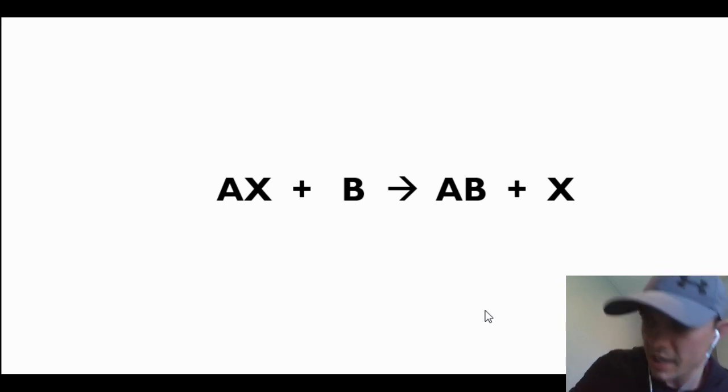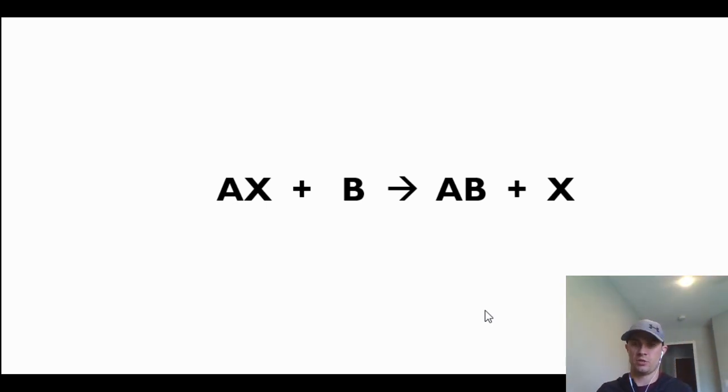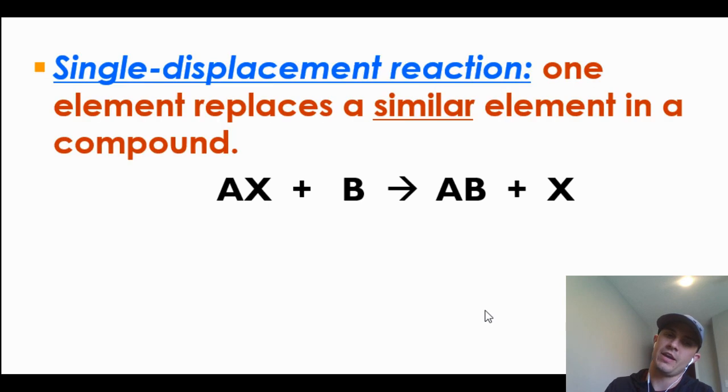So we talked about synthesis and decomposition, building up and breaking down. Well, now this year, going to that homecoming dance, we have introduced another character. Now it's not just a simple you find a partner or you break up at the dance. This time we have a single displacement reaction.